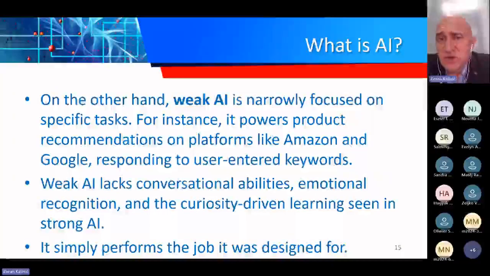On the other hand, we have weak artificial intelligence, and it is focused on a specific task. So all solutions that we are now implementing and using are actually related to weak artificial intelligence, and systems like recommenders on Amazon or Google, or systems that are used by Facebook or Tesla.